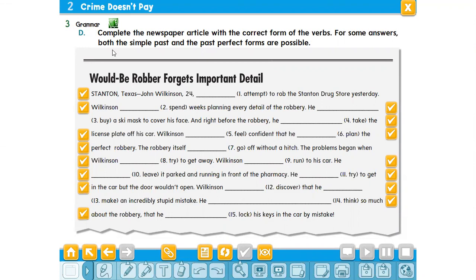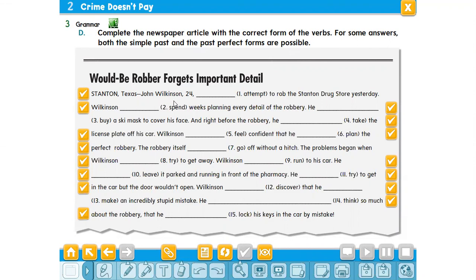Exercise number D. Complete the newspaper article with the correct form of the verbs. For some answers, both the simple past and the past perfect forms are possible. Stanton, Texas.